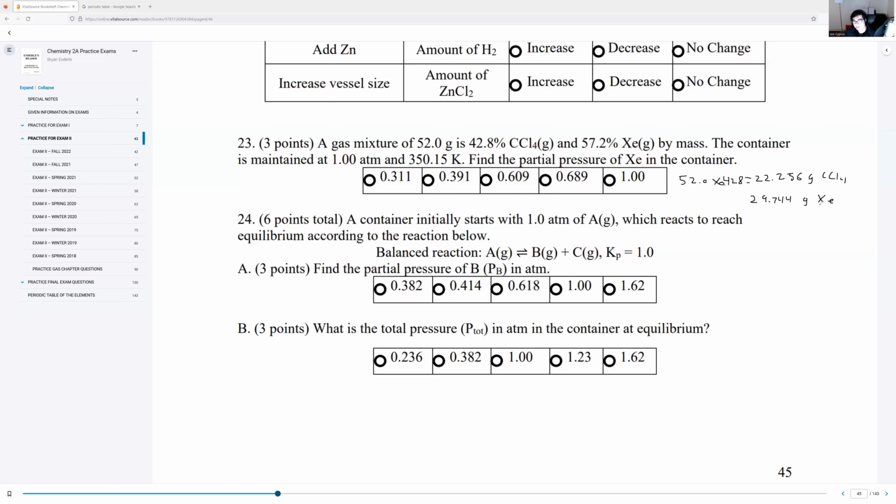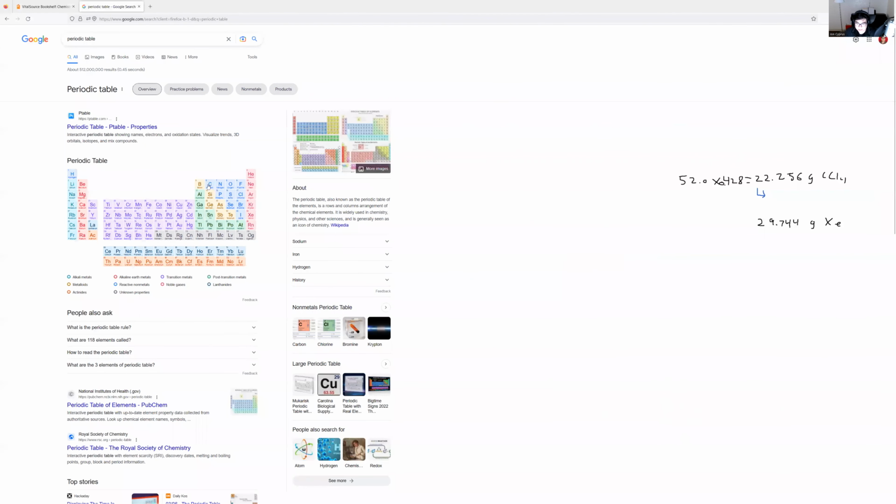So now that I have this, I can convert these into moles using the periodic table. I'm just going to convert to moles underneath, where I'm just going to divide by the molar mass. So carbon has a molar mass of, I'm estimating here, about 12. And then chlorine is about 35.5.